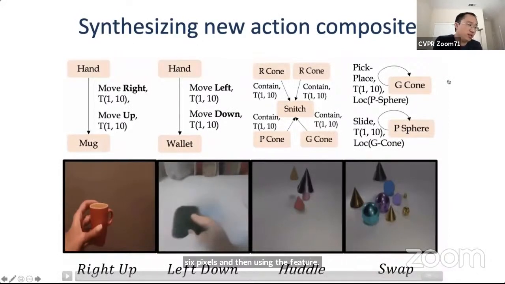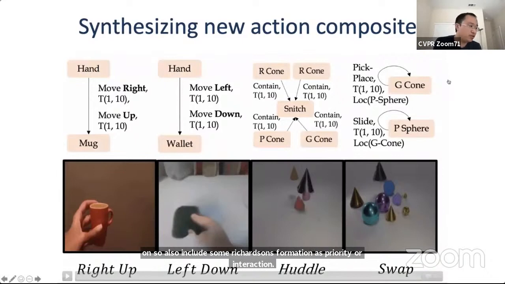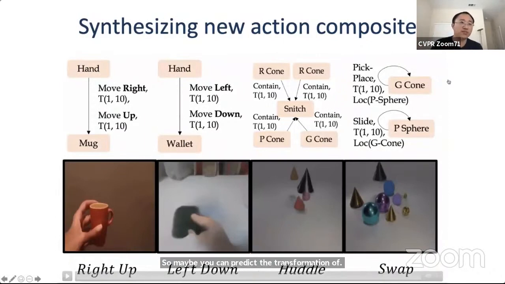We can certainly encode more priors, say this is a rigid object, and then apply rigid transformations, also encoding some rigid transformation as a prior during interaction, beyond just predicting the object feature. So maybe you can predict the transformation of the feature to become the next feature instead of just happening in the latent space. That might be one direction.